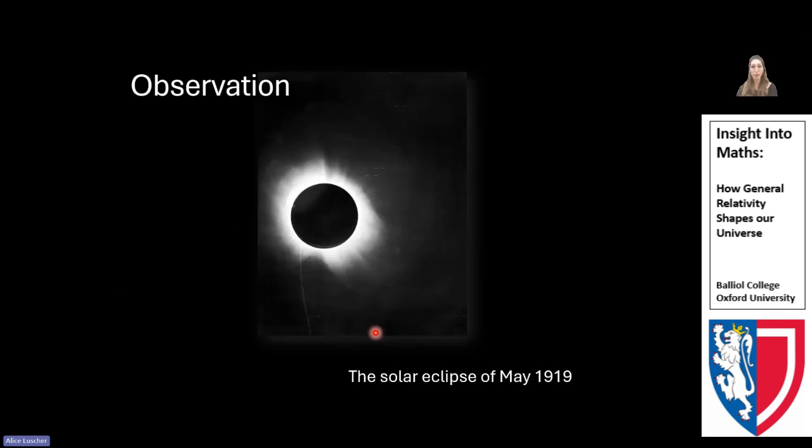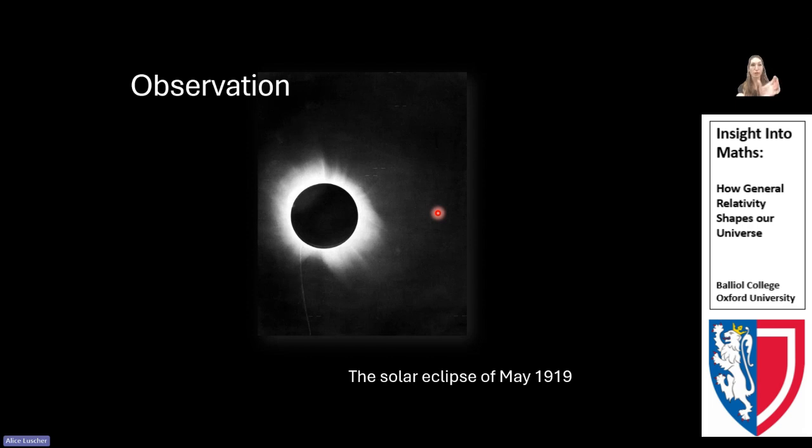Such a solar eclipse happened only 4 years after Einstein wrote his theory. During that eclipse, some measurements were done of the positions of stars, and they measured the shift between where the star was and where it was supposed to be. They found a perfect agreement with the prediction of general relativity for this shift. And so people were quite convinced that general relativity was a good model to use.